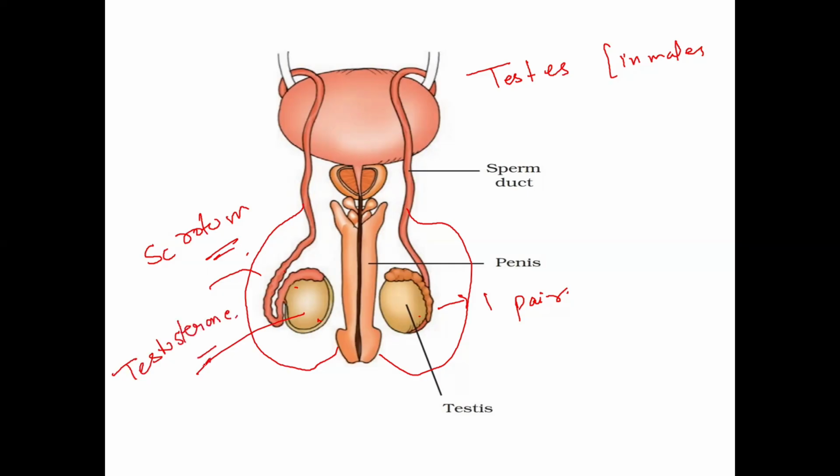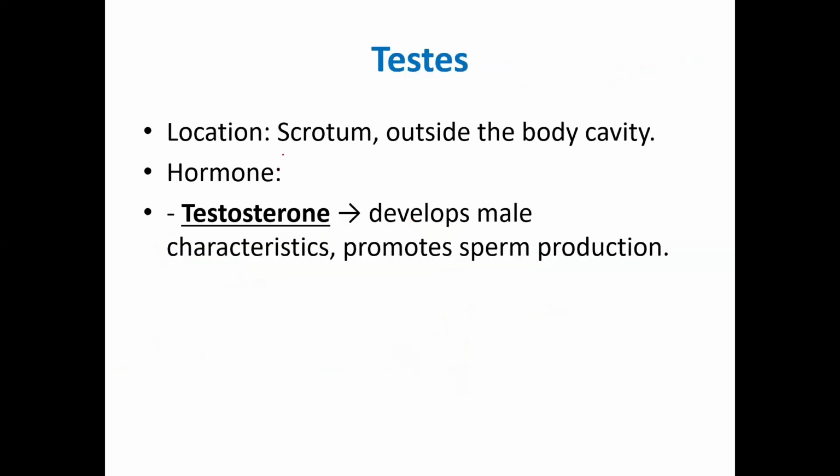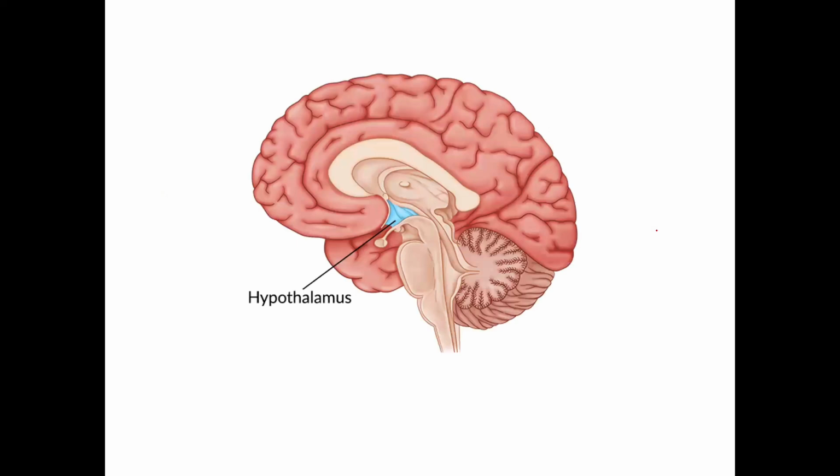Testosterone controls sperm production and male body features like deeper voice, body hair, widening of muscles, etc. So location is the scrotum, outside the body cavity. Testosterone develops male characteristics and promotes sperm production.